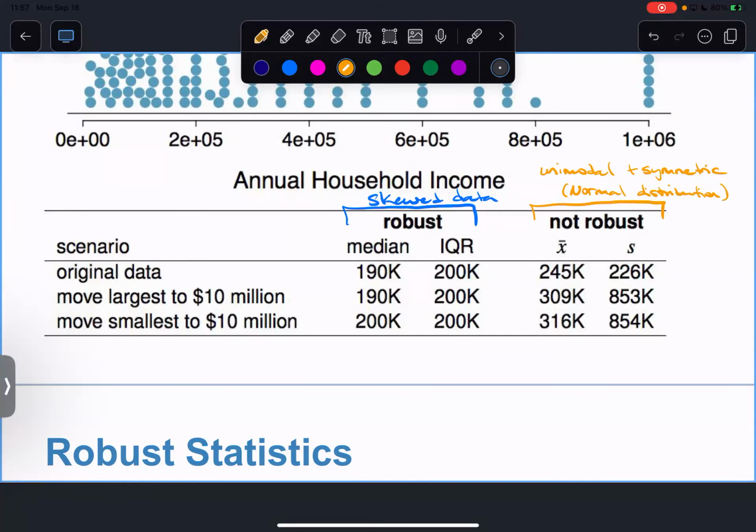Right, so why wouldn't we just use the median and the interquartile range always if it's going to be more robust? Well, there's a whole toolkit that we get to use if we can apply the mean and the standard deviation instead, right? So we're hoping for that normal distribution because we know how to deal with that, and we have all these tools that we're about to bust out.